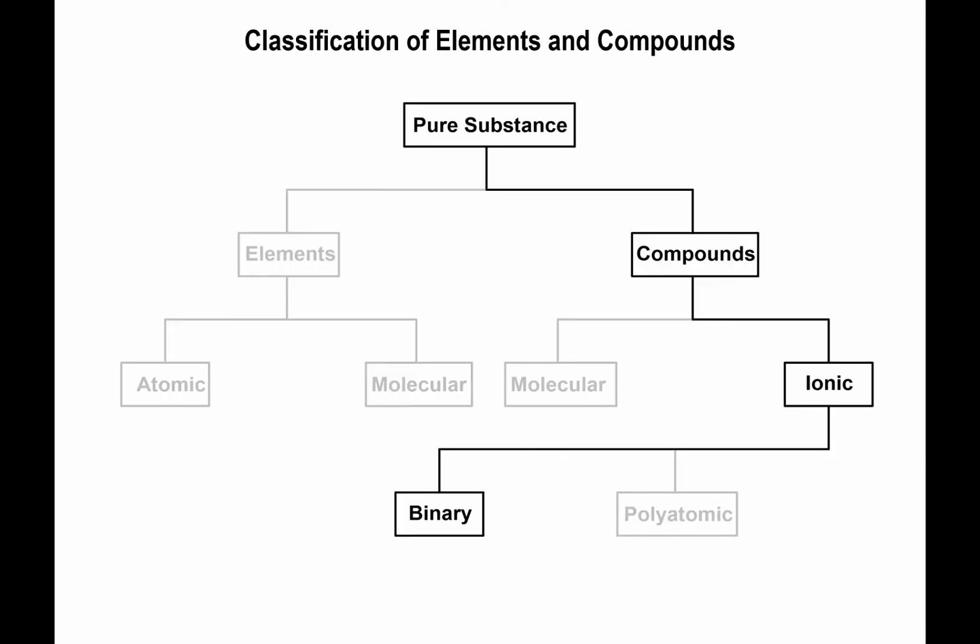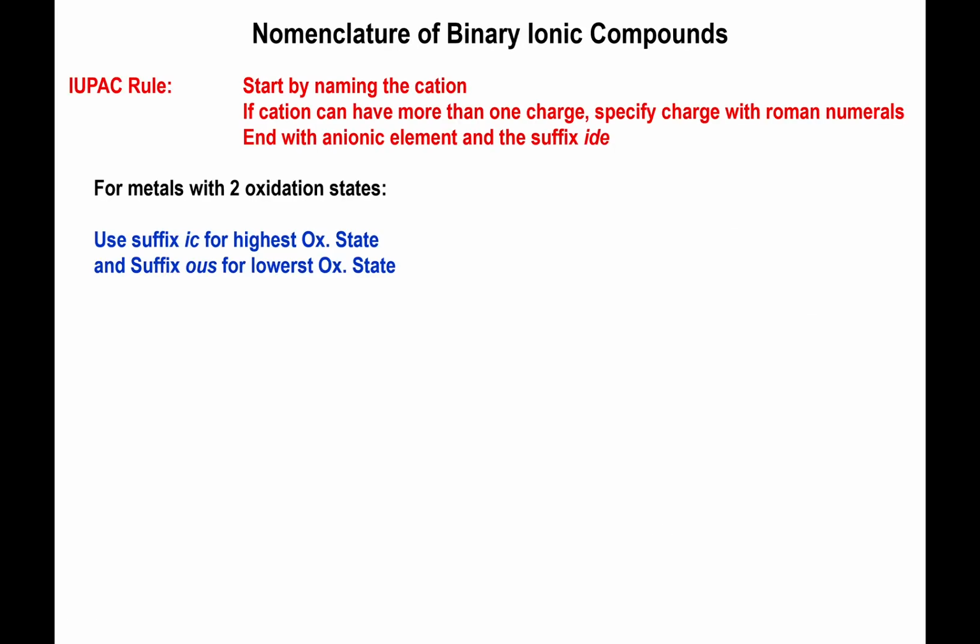Alright, so much like the molecular compounds, ionic can be subdivided into binary and polyatomic. Let's talk about the binary first. Because the compound is binary, we're going to have to end it with the suffix -ide. In fact, the fact that we will be using -ide in the name automatically tells me and anybody else that the compound has to be binary.